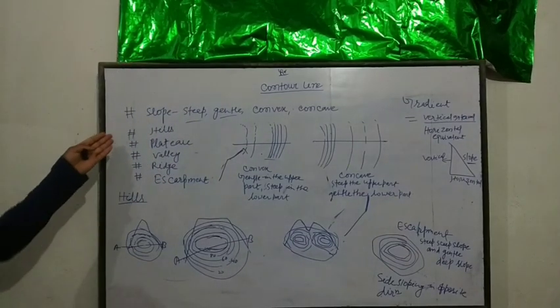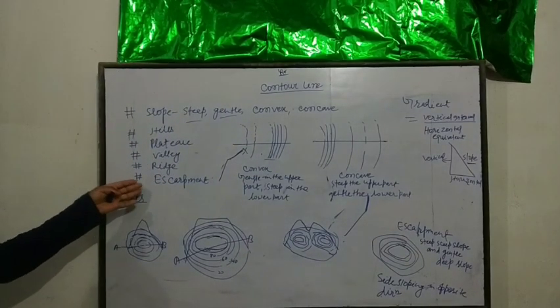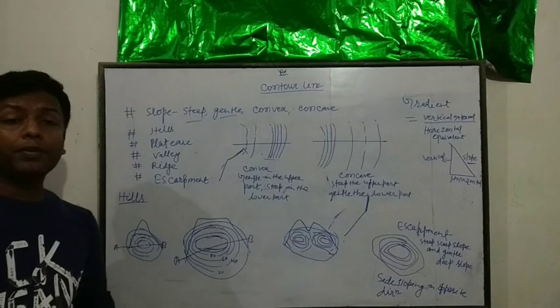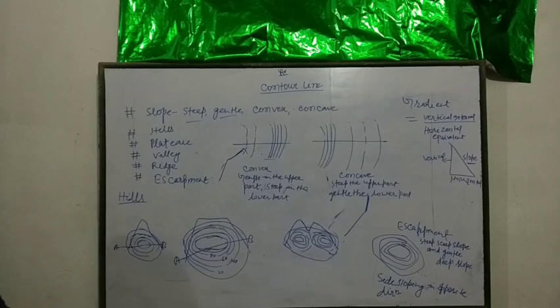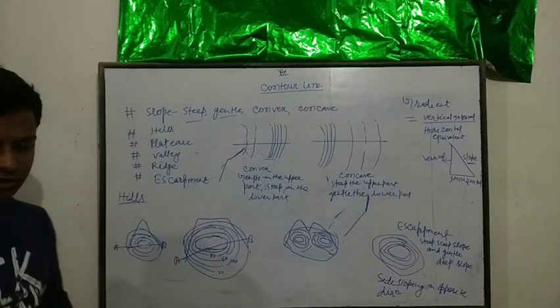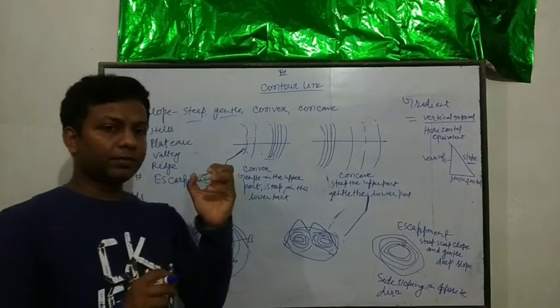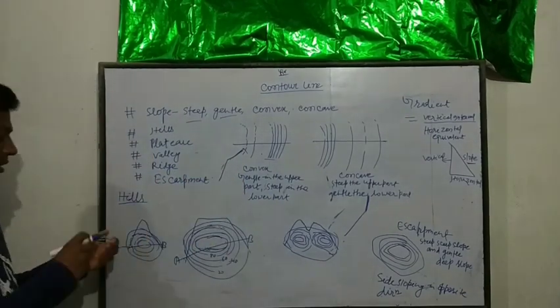Now hills, plateau, valley, ridge and escarpment structures. If in the topographical sheet you find a structure like this, what is this? This is hills.